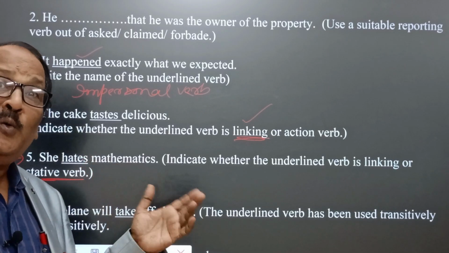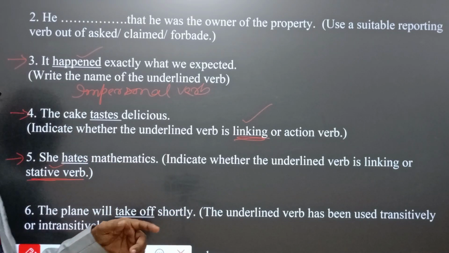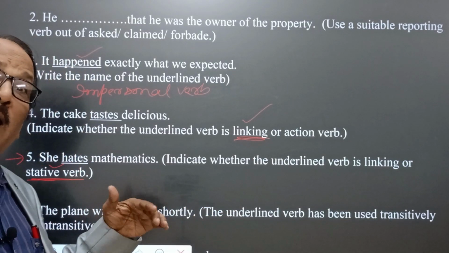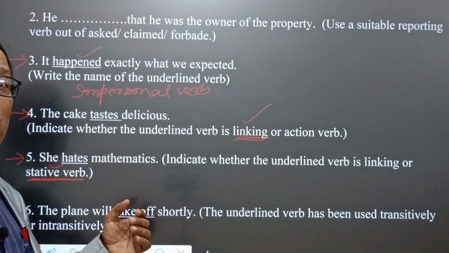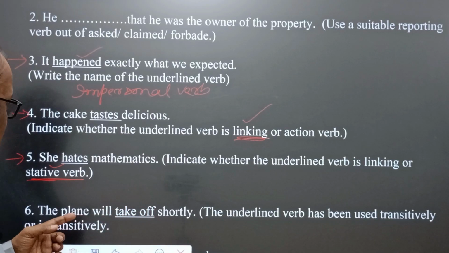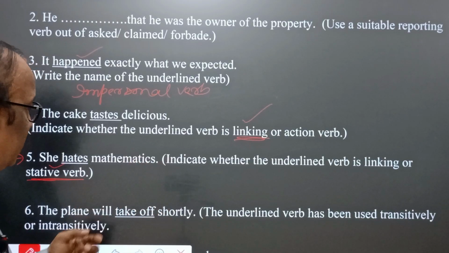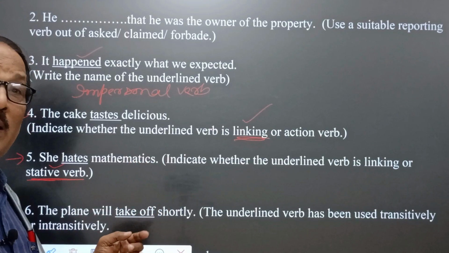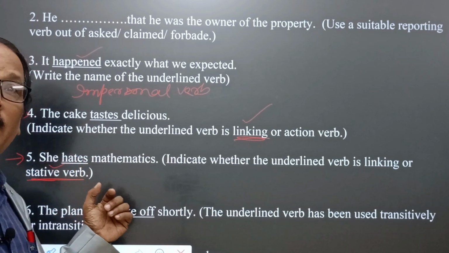That verb usually doesn't take ing. On the other hand, a stative verb can be transitive, but a linking verb cannot be a transitive verb. Remember, she hates what? Mathematics. Mathematics is the object. Therefore, it is clear that hates is the stative verb.